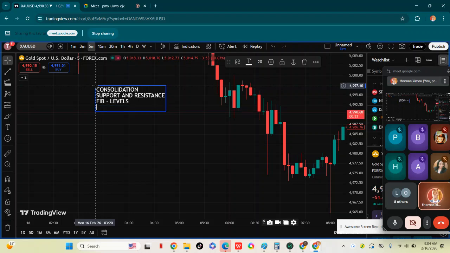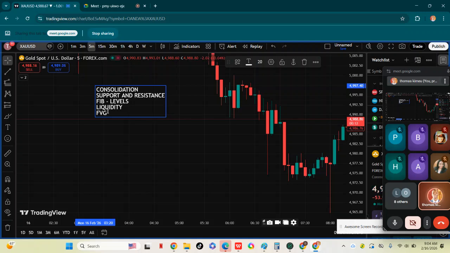Then you can also look at liquidity zones. We looked at liquidity zones yesterday. Liquidity is just another translation of the support and resistance, because within the support and resistance zones, that's where we get the liquidity zones. Or you can also look at fair value gaps.